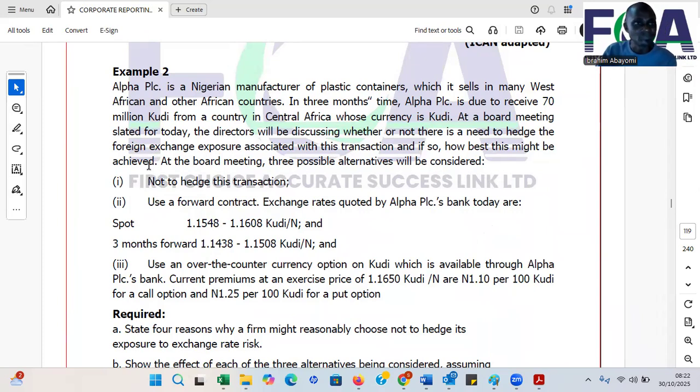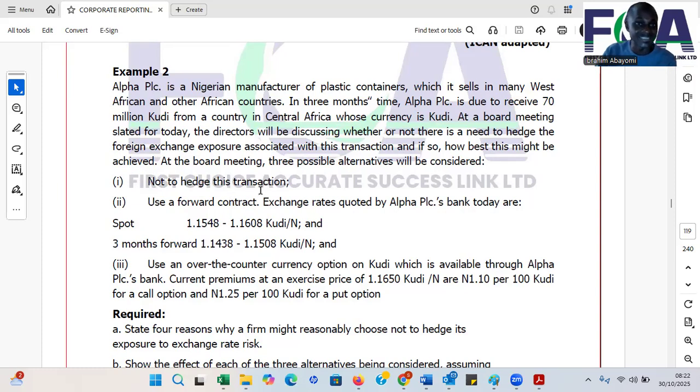At a board meeting slated for today, the directors will be discussing whether or not there is a need to hedge the foreign exchange exposure associated with this transaction, and if so, how best this might be achieved. At the board meeting, three possible alternatives will be considered.